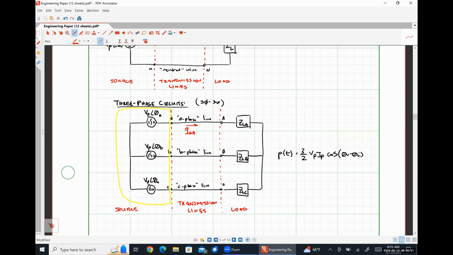Because it's flowing from the source side to the load side, it gets a subscript of lowercase a, uppercase a. Very similarly, we would have a line current I lowercase b, uppercase b here, and a line current I lowercase c, uppercase c here. So our line currents are probably the easiest thing to sort out because they're literally just the current flowing down the line. Okay, so that's the least confusing of our different things that we are going to be representing here.